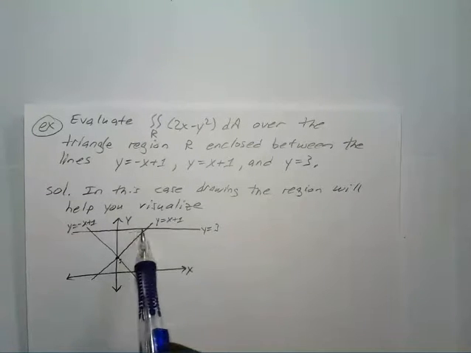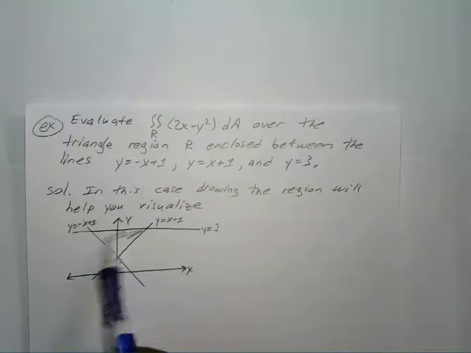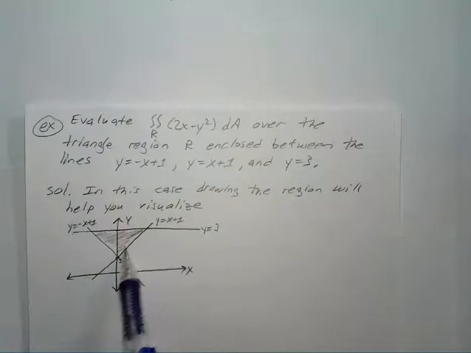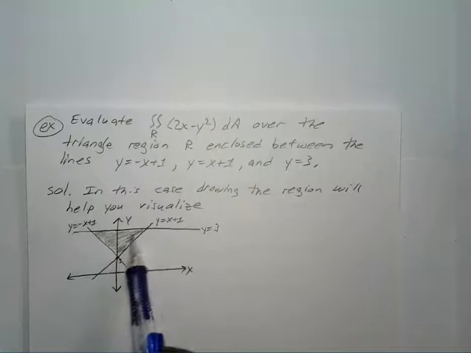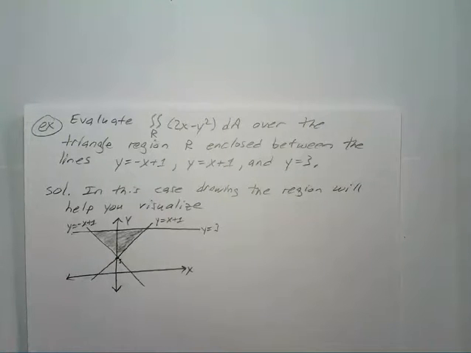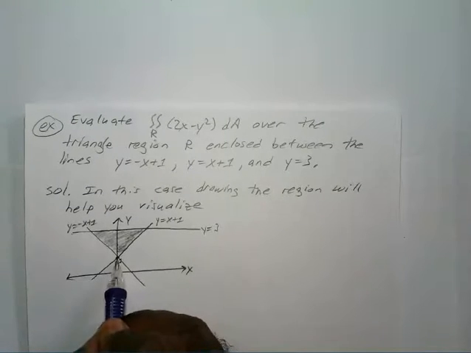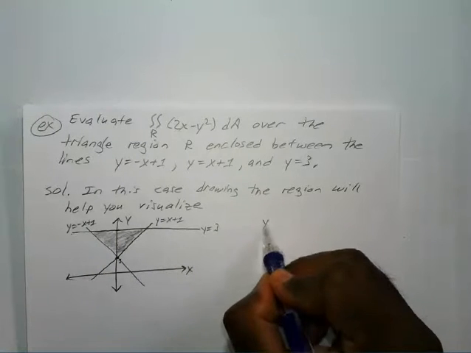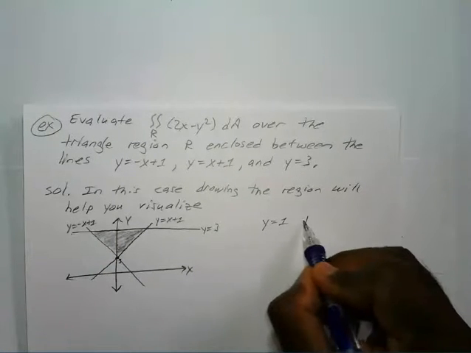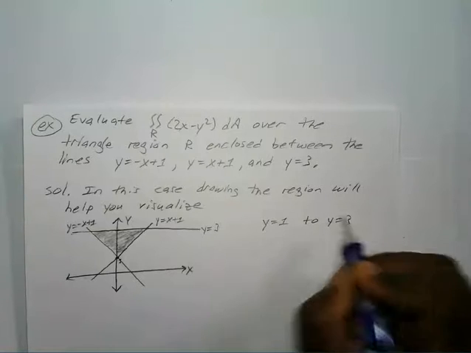Okay, so in here, this is what we're trying to find, the area over this region. So this is our region. You can see here that y actually goes from 1 to 3, so y equals 1 to y equals 3.